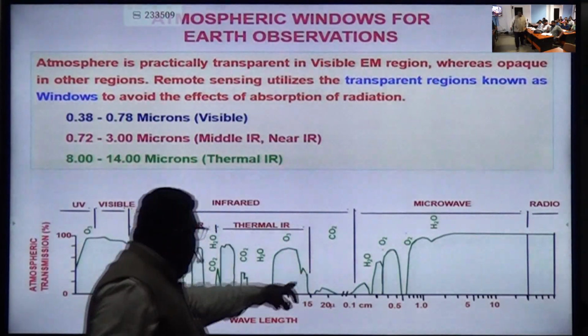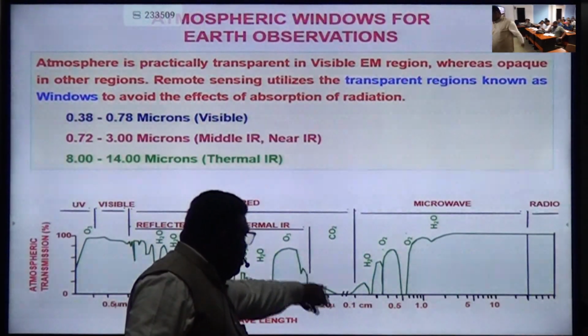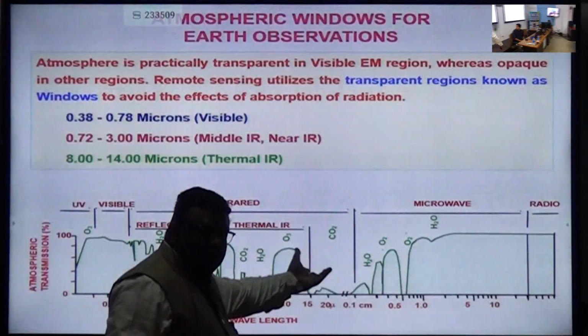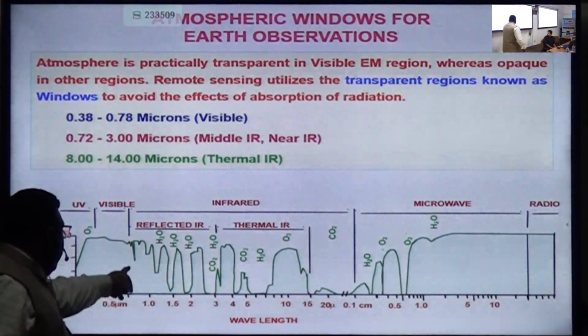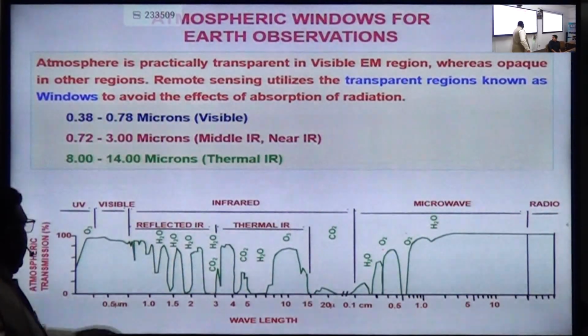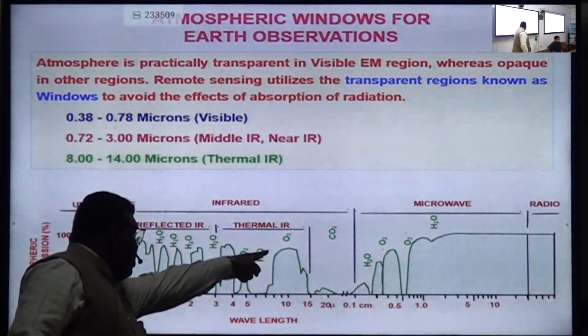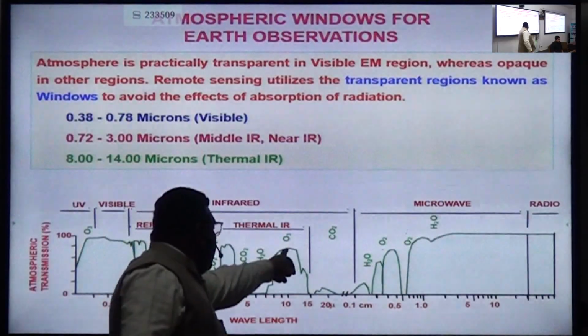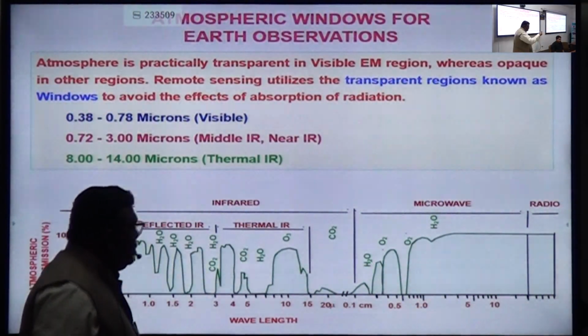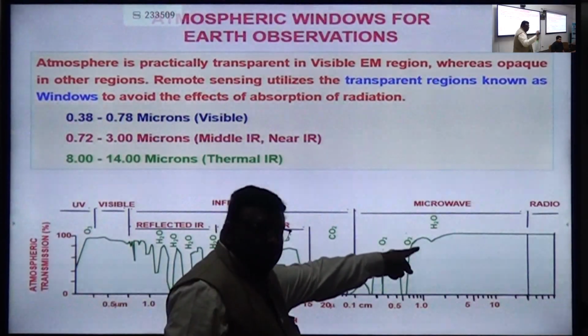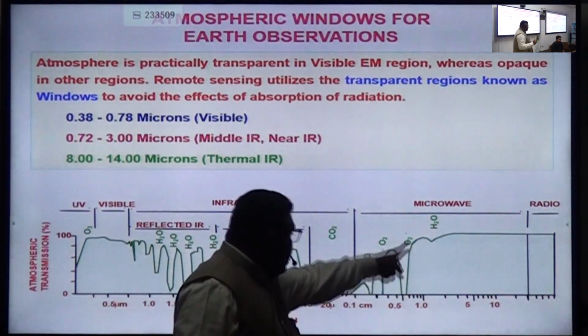Then if you see here, what is happening here? The wavelength is increasing in this particular region. All the energy, whatever is there, is being absorbed by the water molecules in this region. Whereas here, it is absorbed by carbon dioxide. Already I told you, carbon dioxide, oxygen, ozone, they are going to absorb the energies.